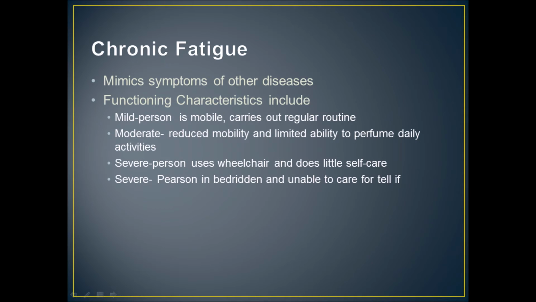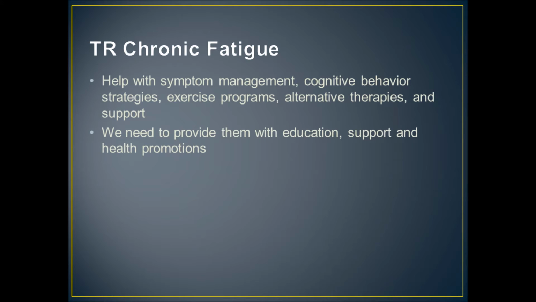So as a TR, we want to help them with symptom management and cognitive behavior strategies, exercise program, help them with alternative therapies and support. And we need to help them with education, support, and health promotion. So we want them to know their symptoms, to know how to handle them, how they can change them if they need to, and things like that.